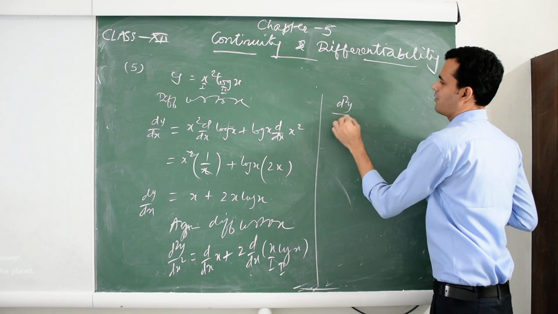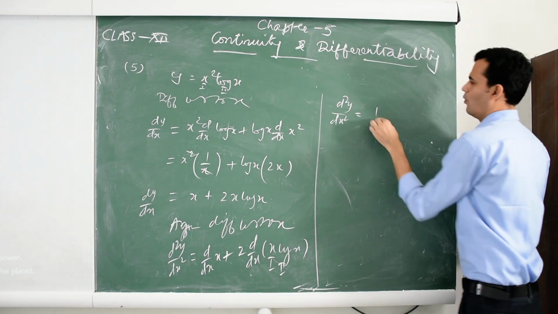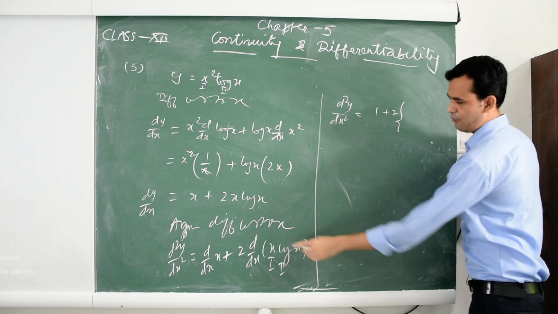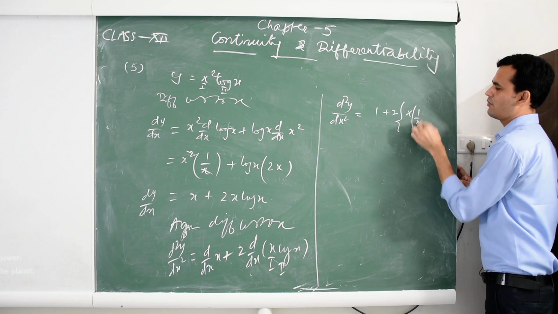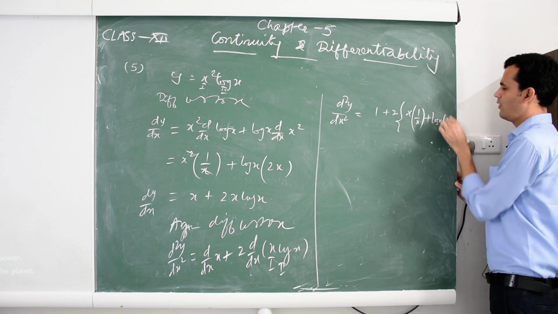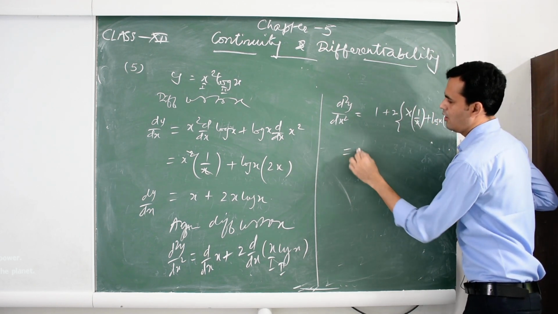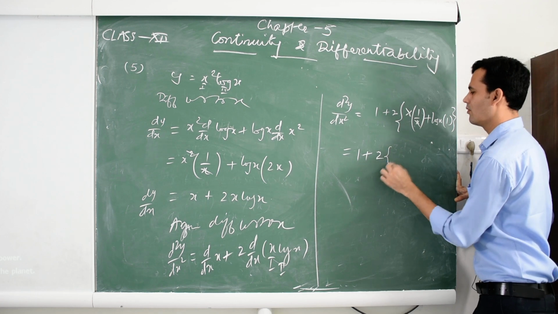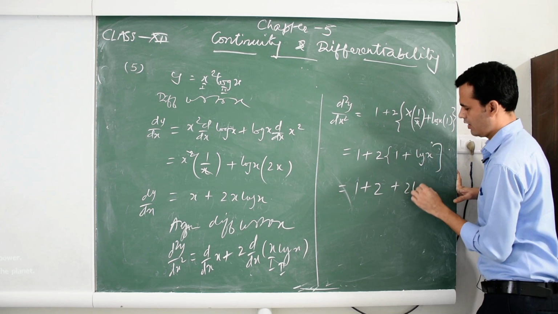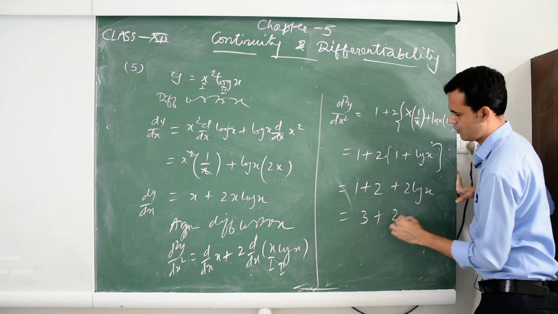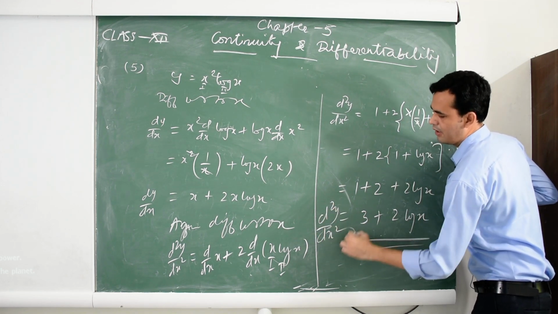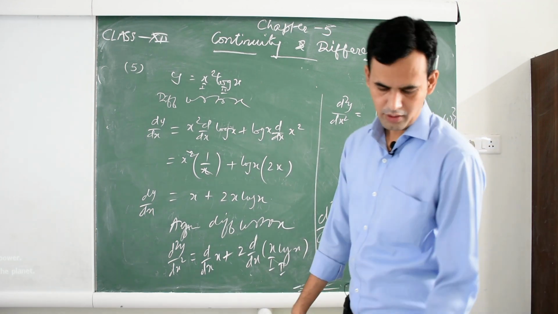So d2y by dx square equals 1, because differentiation of x is 1, plus 2 as it is, and first into differentiation of second, log x, is 1 upon x, plus log x as it is, into differentiation of x, which is 1. This x cancels, so 1 plus 2 into 1 plus log x. So 1 plus 2 plus 2 log x. The answer is 3 plus 2 log x. This is the second order derivative. Okay, question number 5 complete.